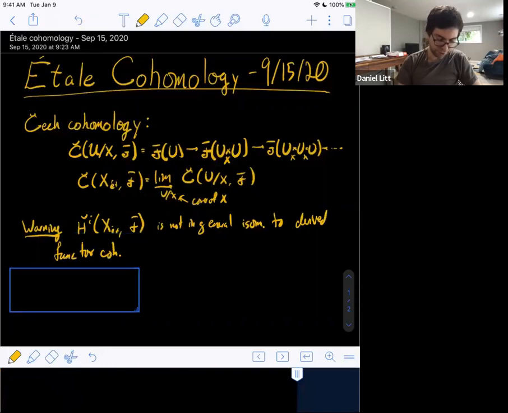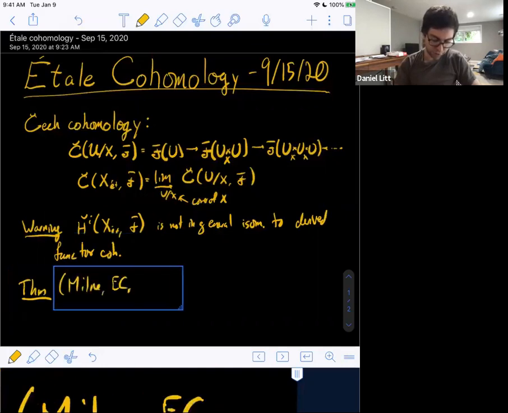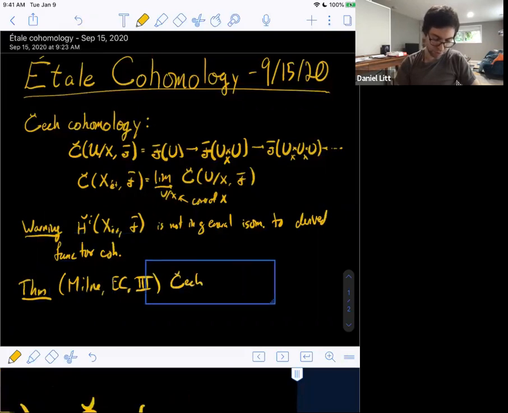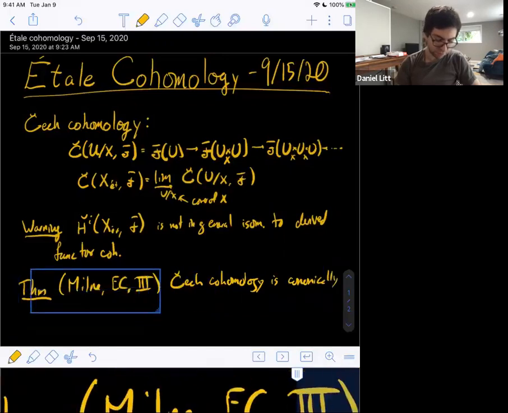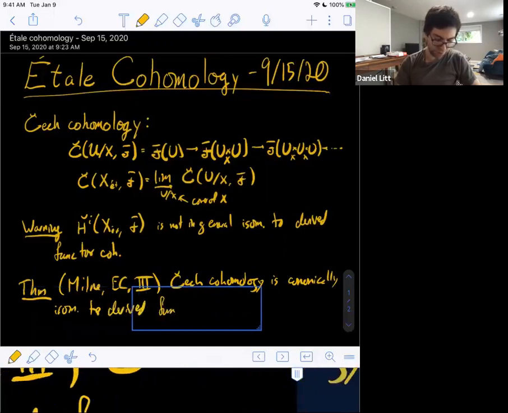But the theorem, which I'm not going to prove in this class, and you can take a look in Milne's étale cohomology book, section 3 for a proof if you'd like, is that Čech cohomology is canonically isomorphic to derived functor cohomology under the following conditions.